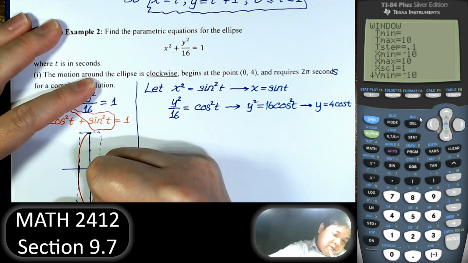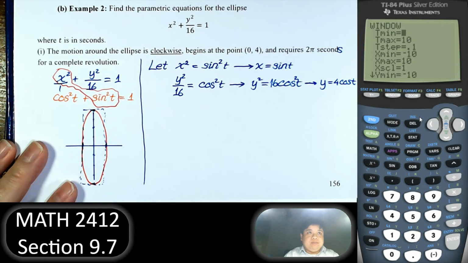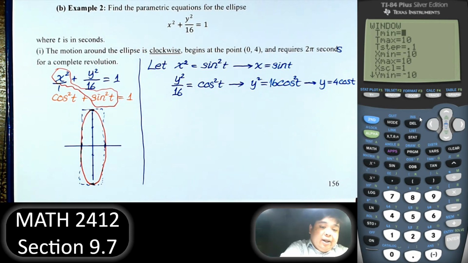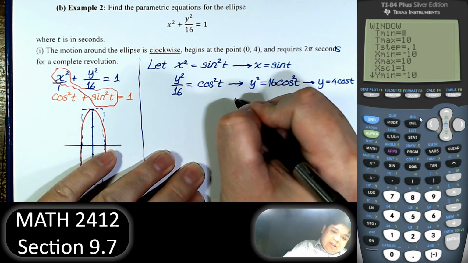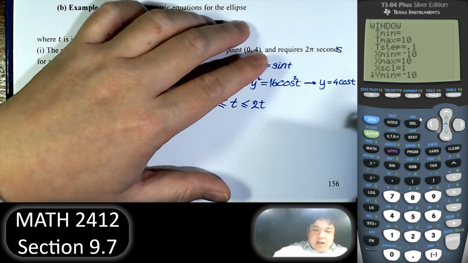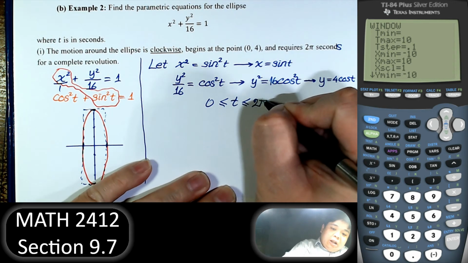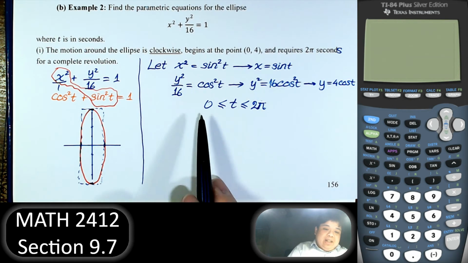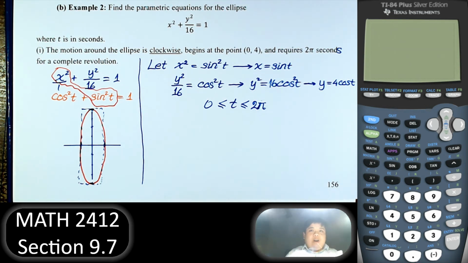So we have the shape of the ellipse, and we have the equation, which is good. Now just to make sure that it actually goes clockwise, we can check that with the calculator. But it takes 1 revolution, right? It's 2 pi. So t is between 0 and 2 pi, and so we can say it is between 0 seconds and 2 pi seconds. So it takes 2 pi seconds to travel 1 revolution.